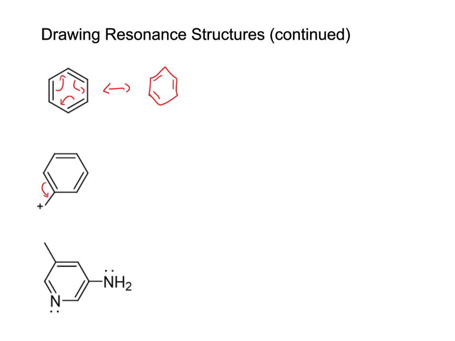That's essentially going to move that carbocation to a different location. That's going to give us another structure that looks like this. And of course, we have a carbocation next to a different double bond, so now we can draw another resonance structure.